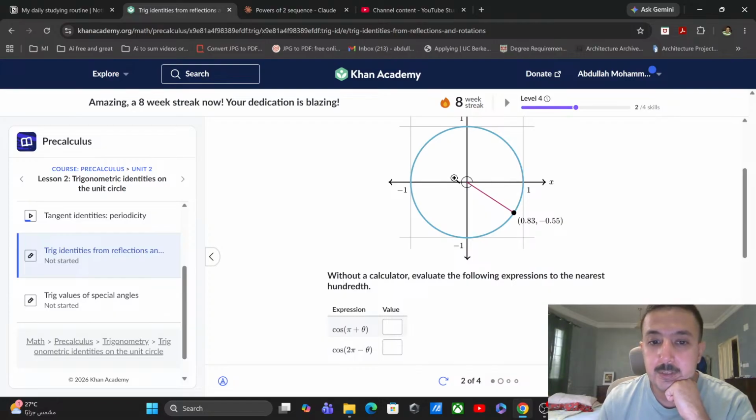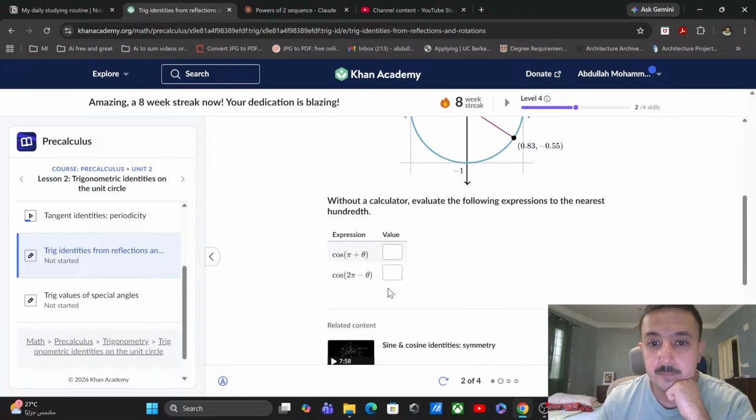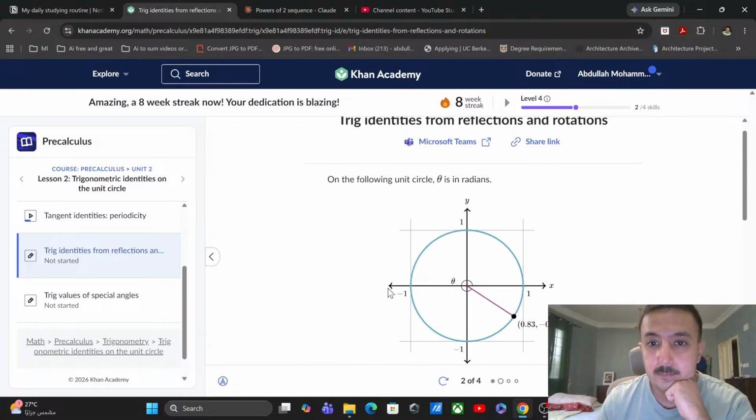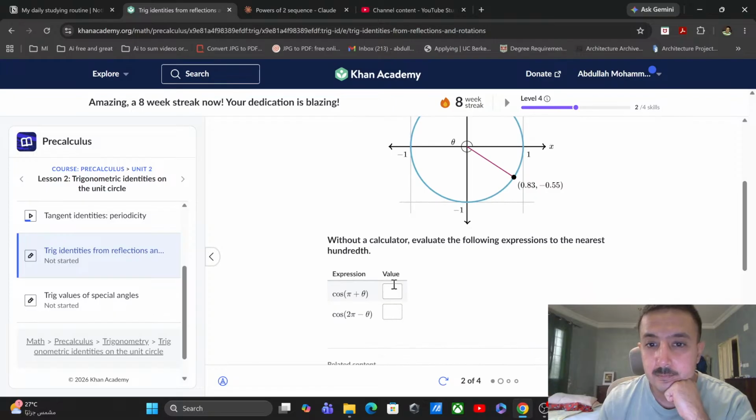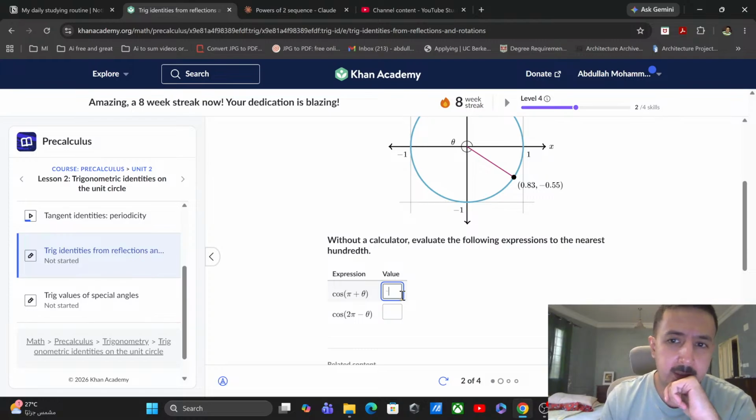Okay, so it's gonna be also minus. The x is gonna be minus, the y is gonna be positive.